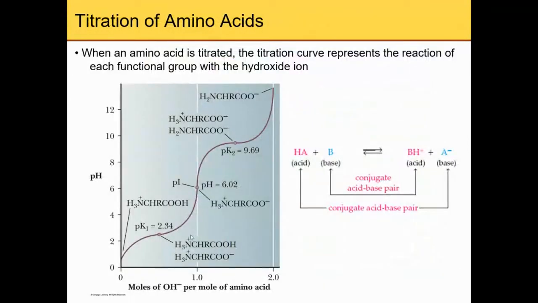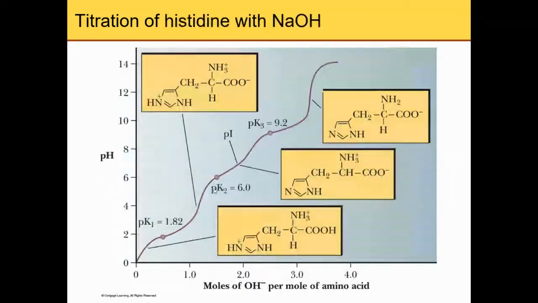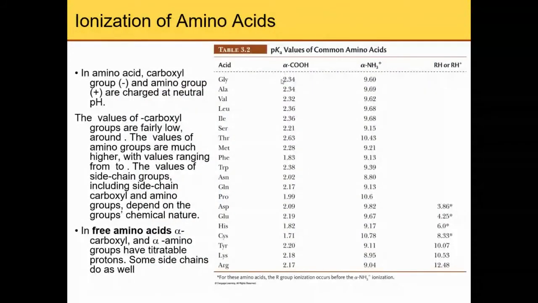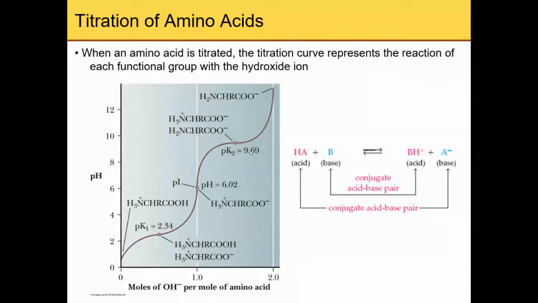Do you understand? If we go to this simple one here, what's the amino acid? It doesn't say, but okay, 2.34, let's say that's glycine, 2.34 and 9.69. So if it's pH 2, that's below this pK1, below 2.34, it's here, so the dominant form will be plus 1.